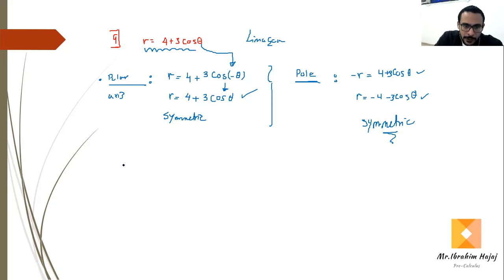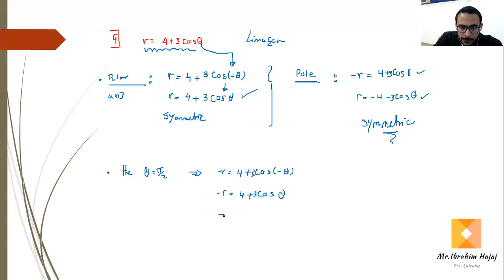For the line, to check the symmetry with respect to the line theta equals pi over 2, or the y-axis in the rectangular coordinate system, you have to replace the r by negative r and also replace the theta by negative theta. The left side gives a negative r, and the right side is 4 plus 3 cosine theta, since cosine is an even function.